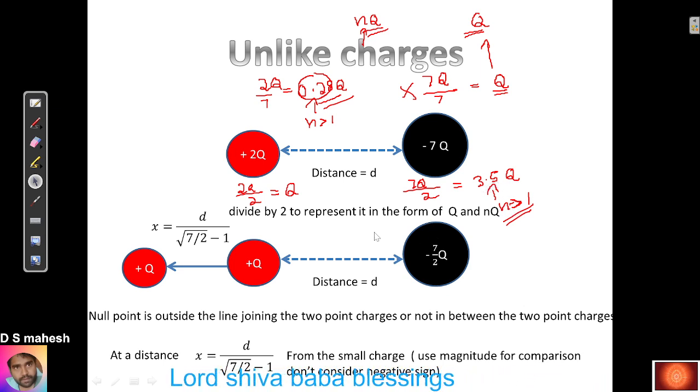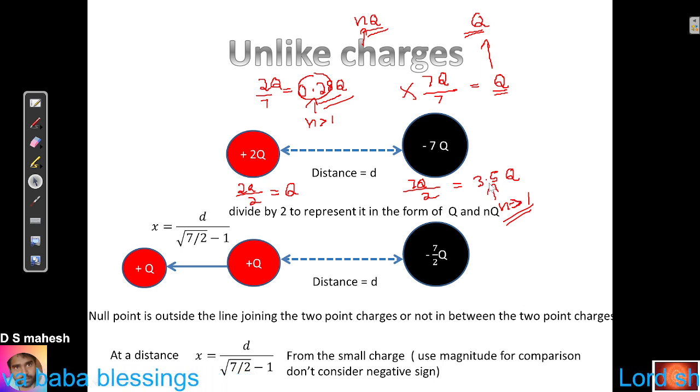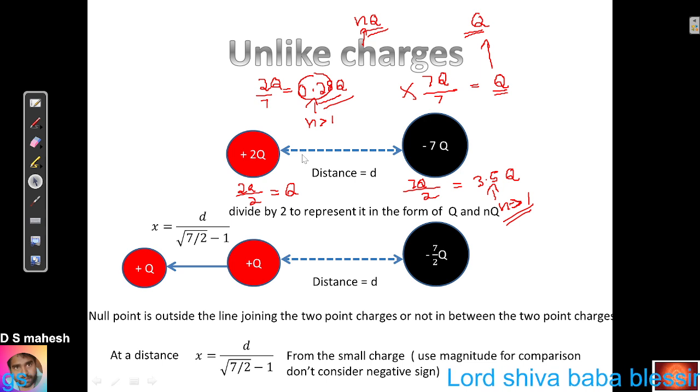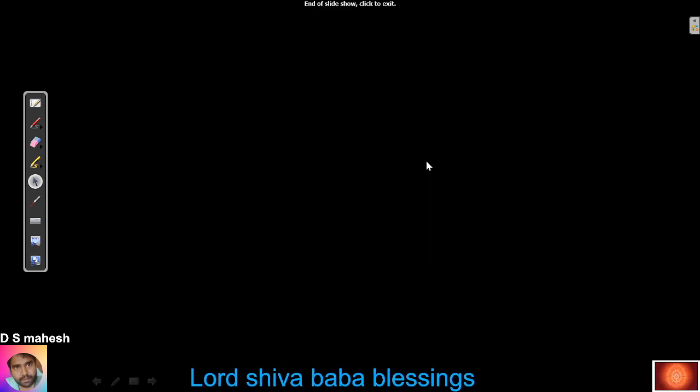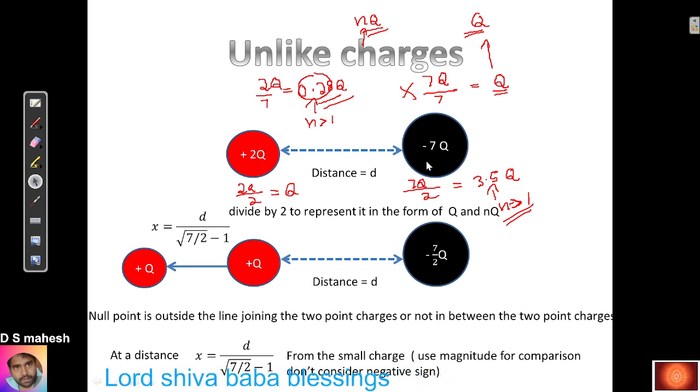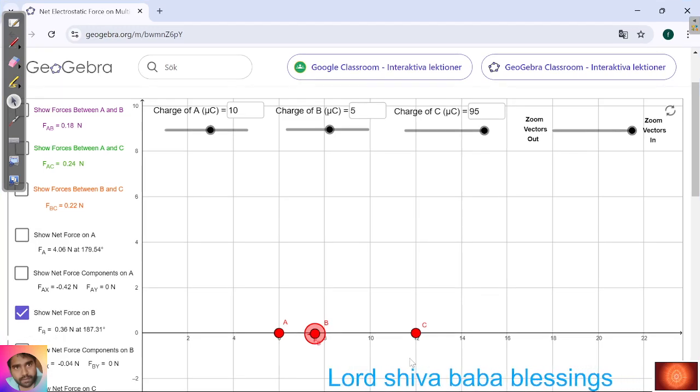So this is allowed, because one is q and the other one is a multiple of q, that is n, which is 3.5, greater than 1. You need to remember this whenever you are trying to make one charge a multiple of the other charge. I hope you have understood this concept.